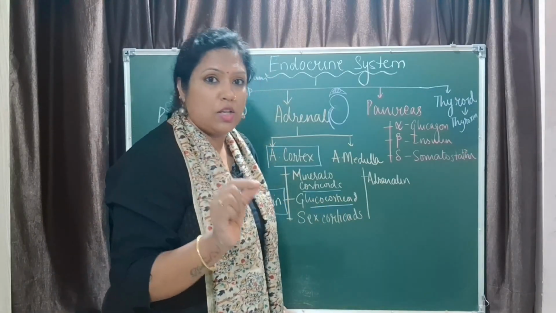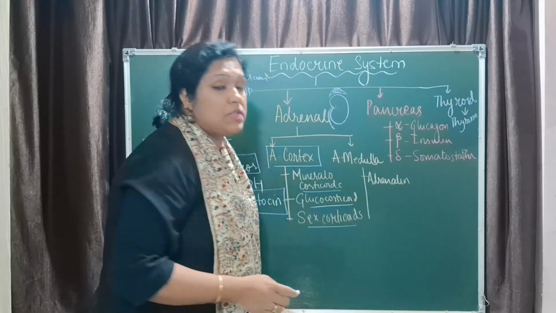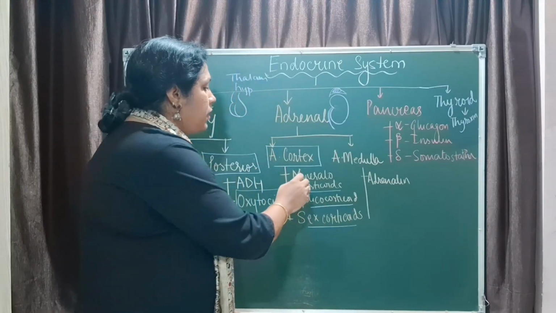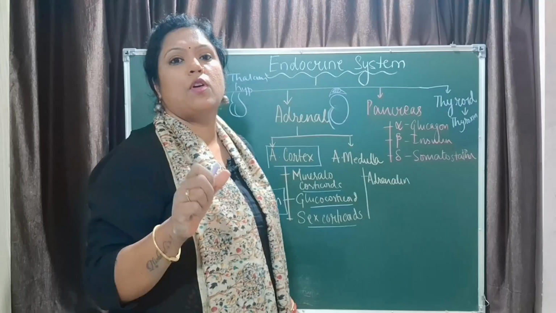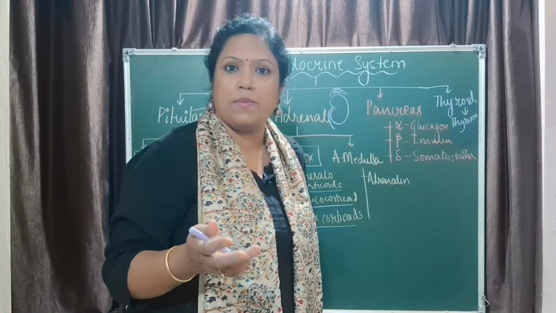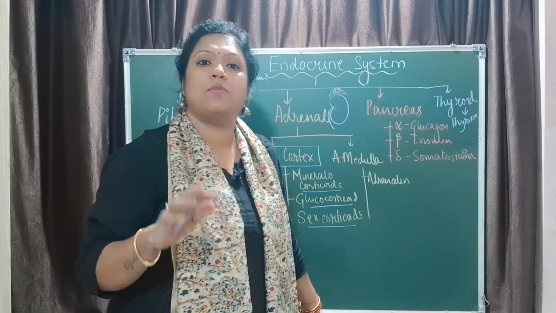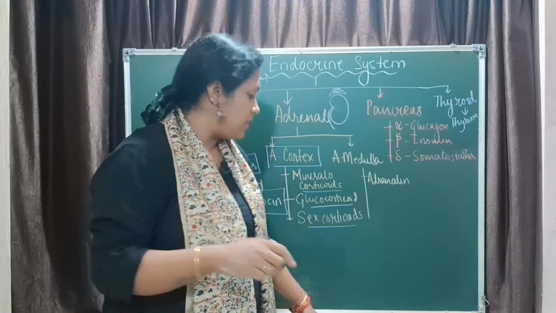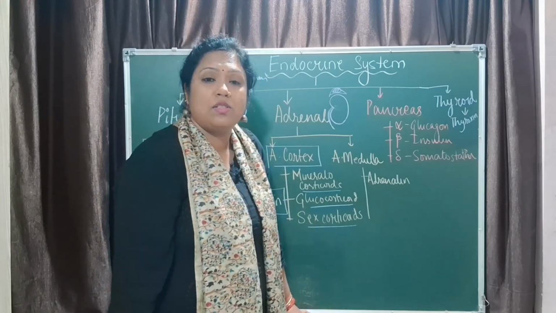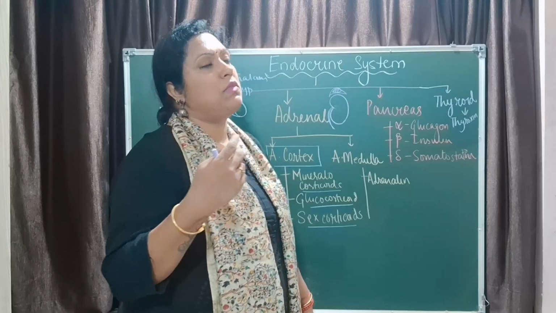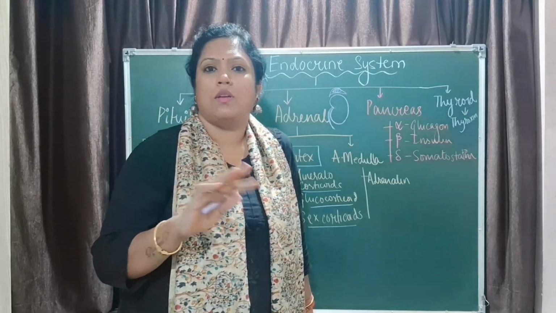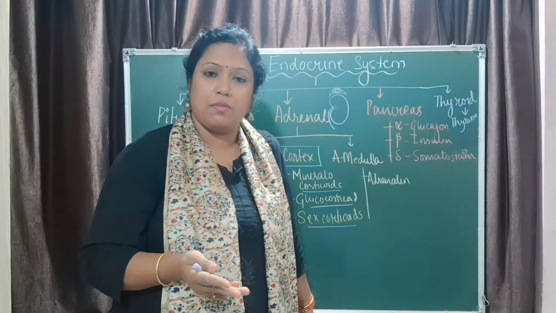Then glucocorticoid, which is called cortisol, and sex corticoids, which are called androgens. Now, mineralocorticoids are responsible for the regulation of sodium and potassium ions. Glucocorticoid helps in the metabolism of carbohydrates, proteins, and fats. And sex corticoids, androgens, actually produce sex hormones of both males and females.